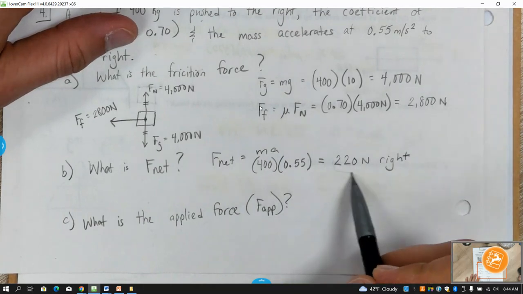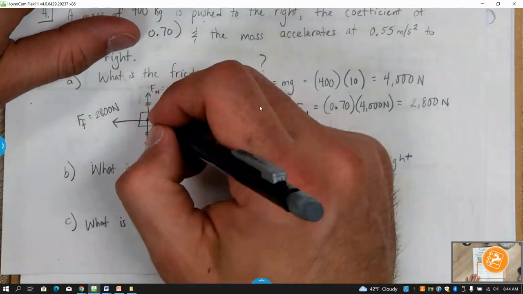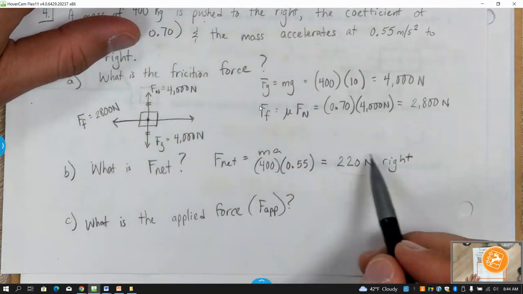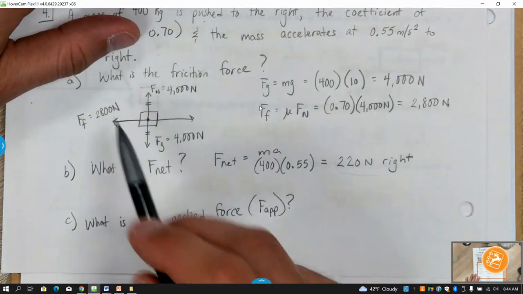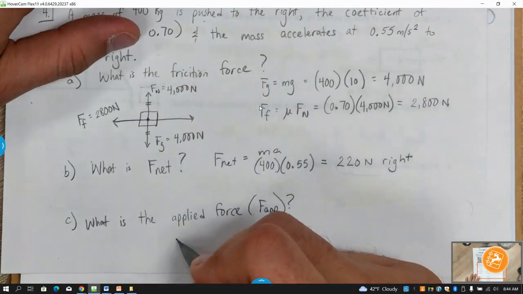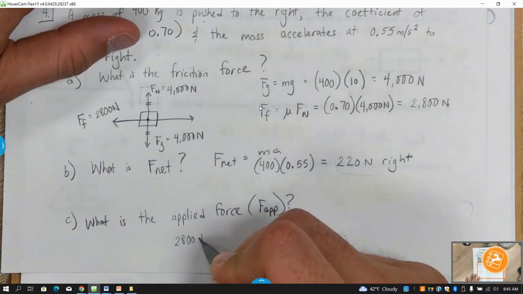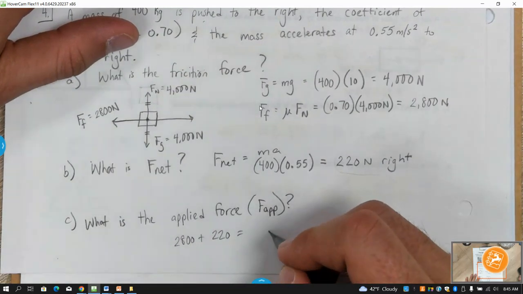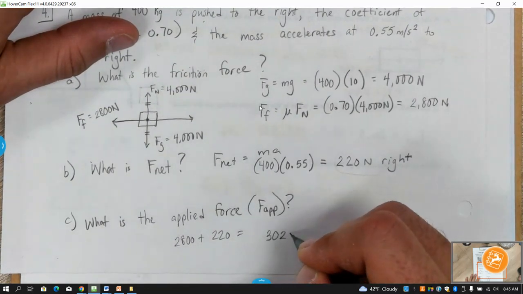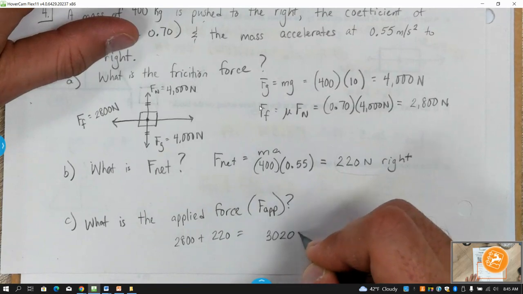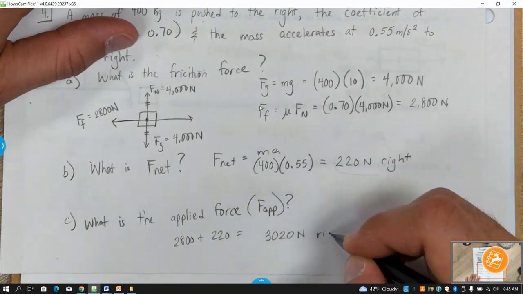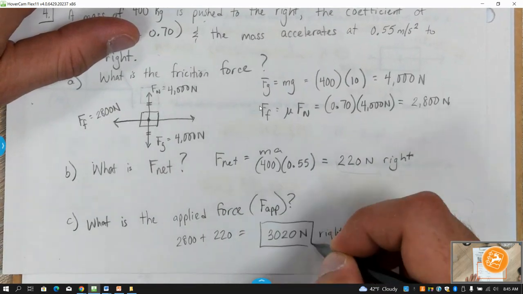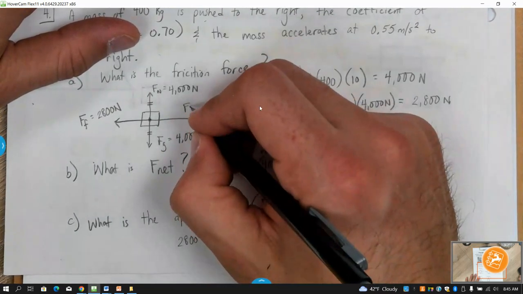That means that our applied force vector needs to be 220 newtons bigger than our leftward force. So I would have just done 2,800 plus 220, which comes out to be 3,020 newtons to the right. We do have to draw it in, though.